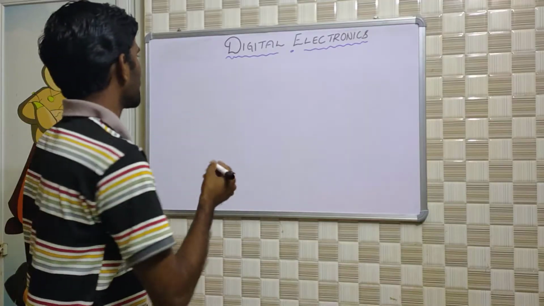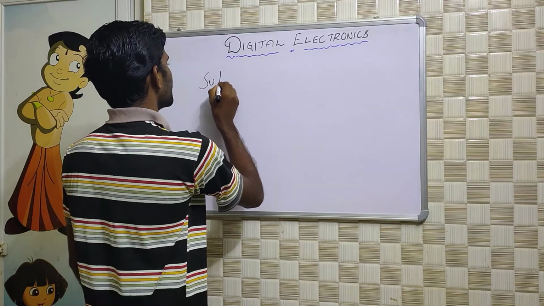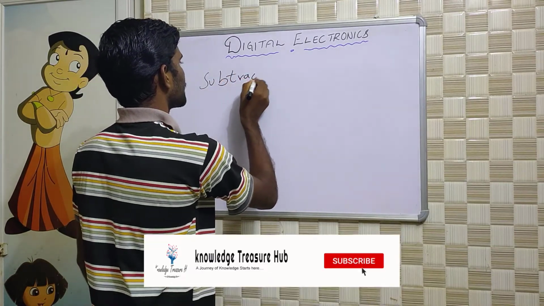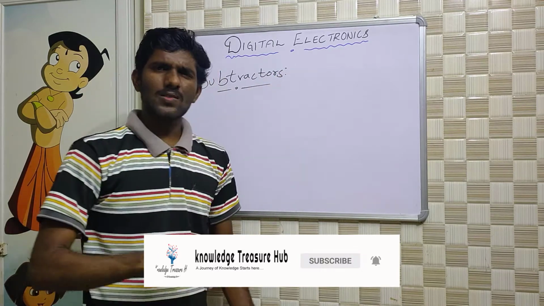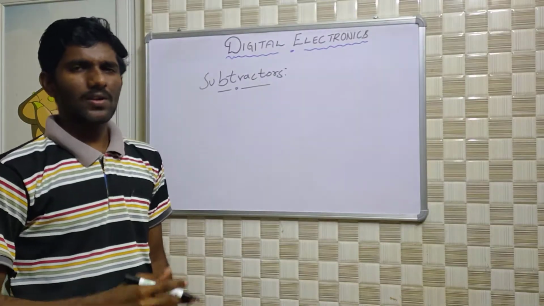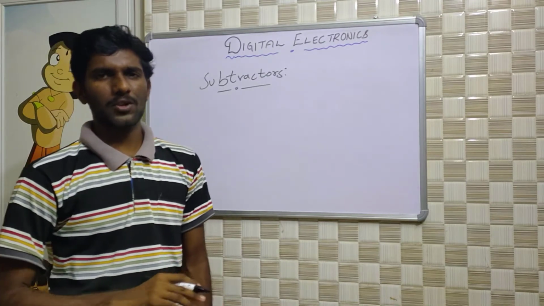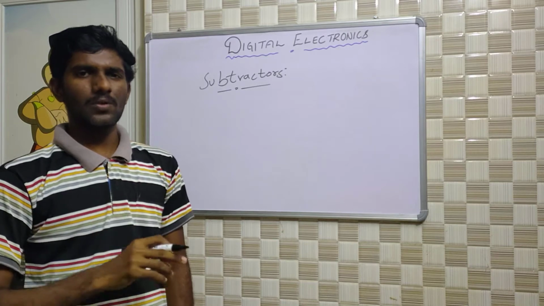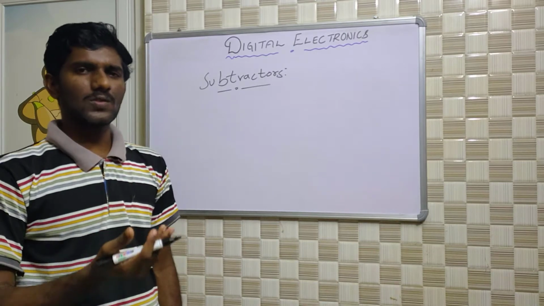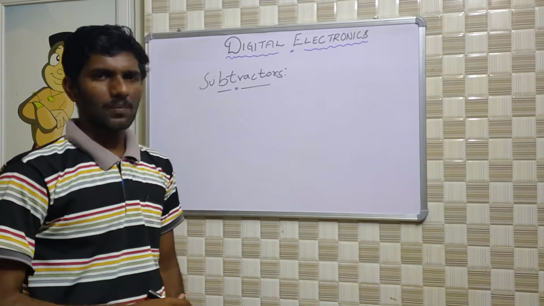Now we'll see subtractors. Subtractors are also similar to addition. We already performed subtraction by using addition only, just by complementing one of the inputs using 1's complement or 2's complement, right?